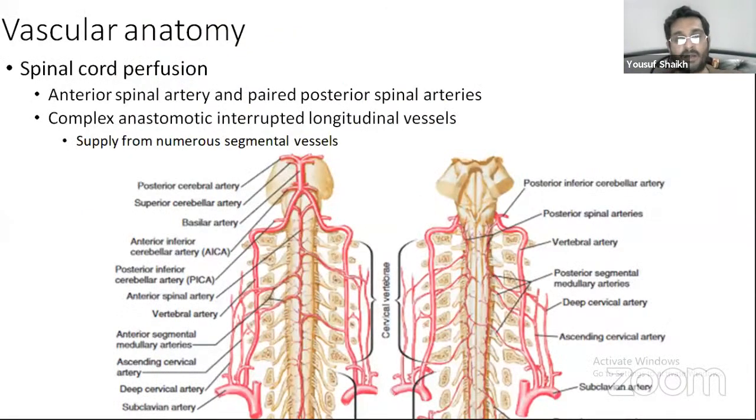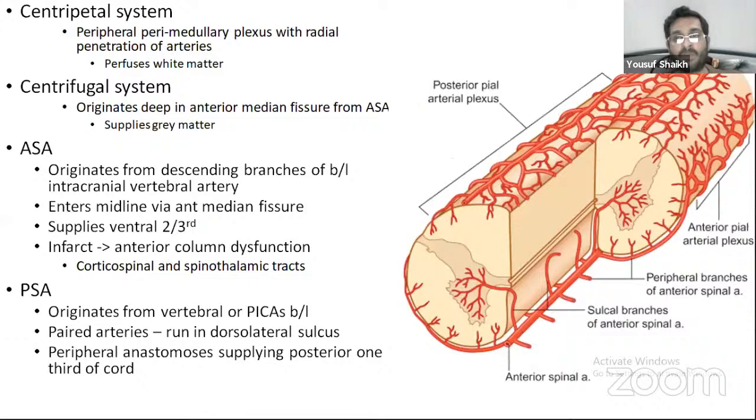If we talk about the arterial supply of the spinal cord, we know that the spinal cord has a centripetal, that is periphery to center, and centrifugal blood supply system. The blood supply of the spinal cord is predominantly from three vessels, the anterior spinal artery and two posterior spinal arteries.